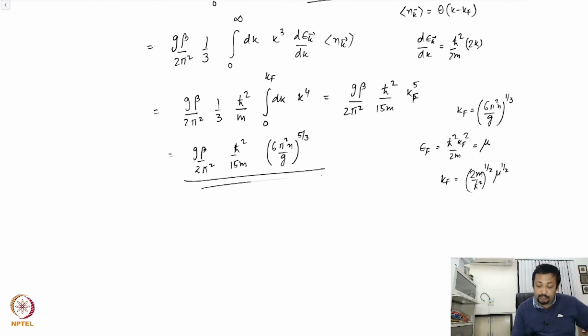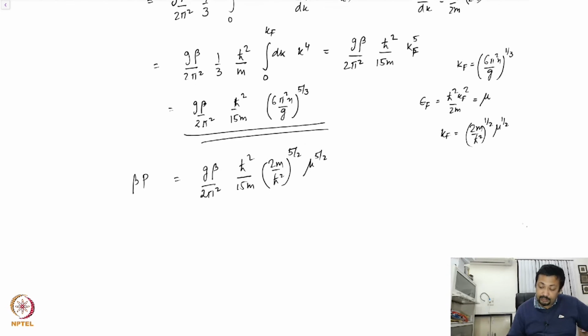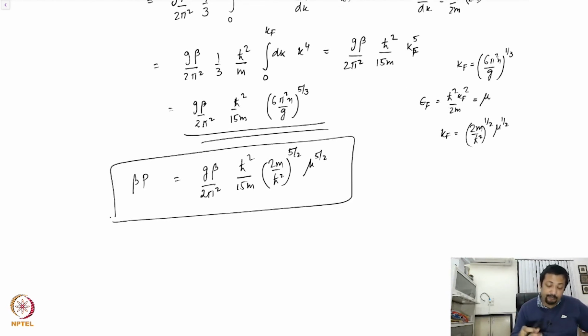So this expression I can also write down as g beta over twice pi squared, h bar squared over 15m times (twice m over h bar squared) raised to the power 5/2 and mu to the power 5/2. So you see the beta P has this expression. Now beta is going to cancel out from both sides, right?